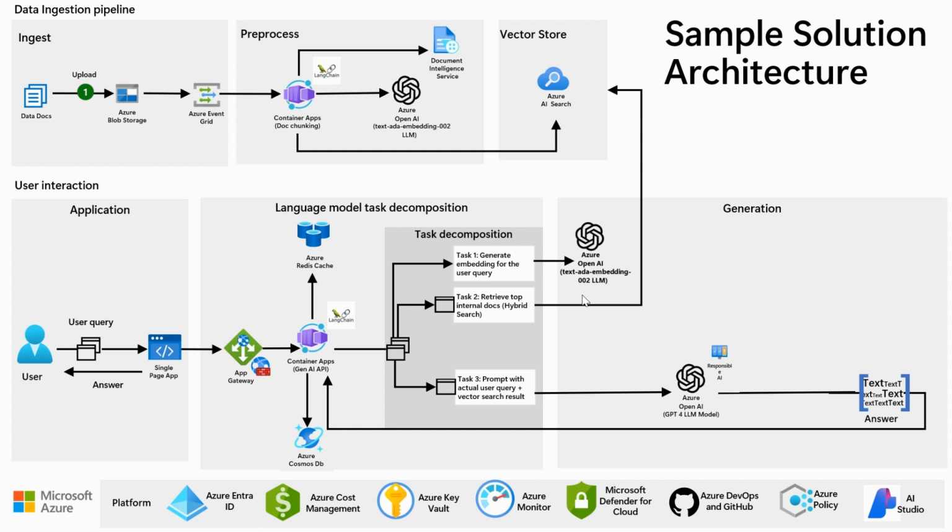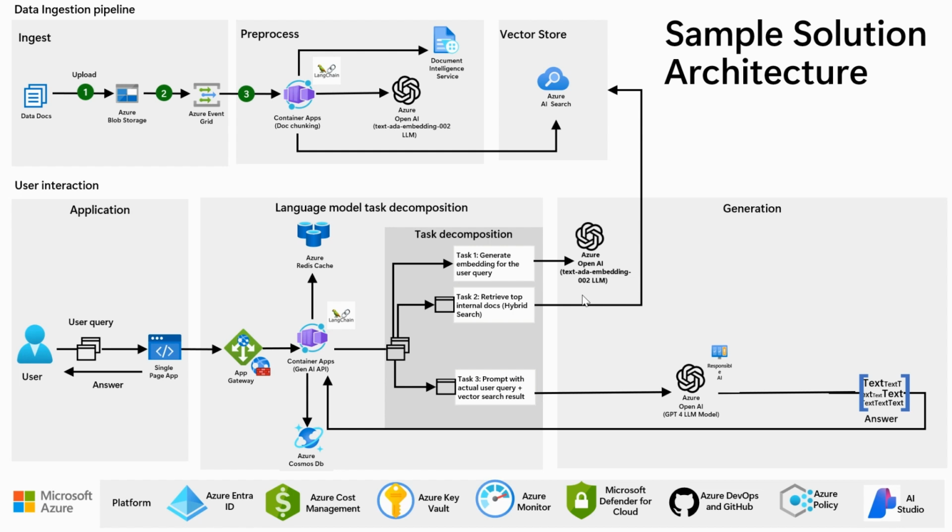And if I want to really automate the entire data ingestion pipeline, I can trigger the blob upload event as an Event Grid event, and then run some code to process that particular document. In this case, you can see I'm using LangChain to process that document, and I can use a service like Azure Document Intelligence Service.